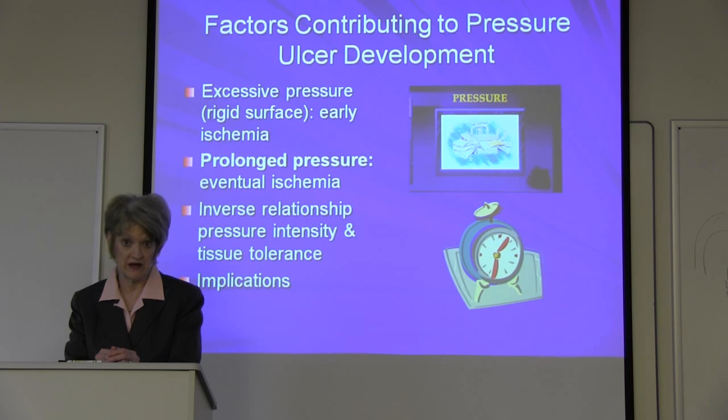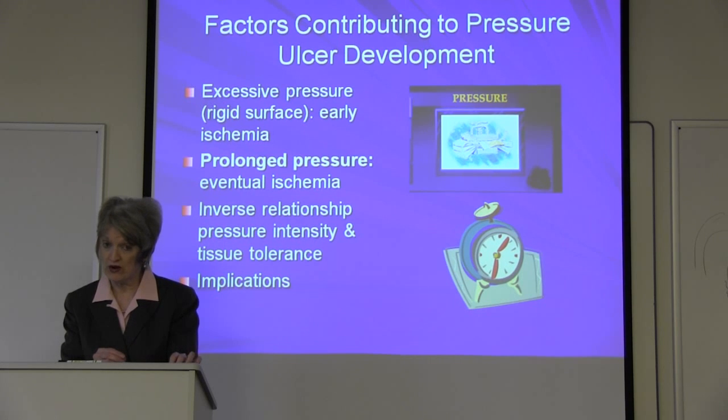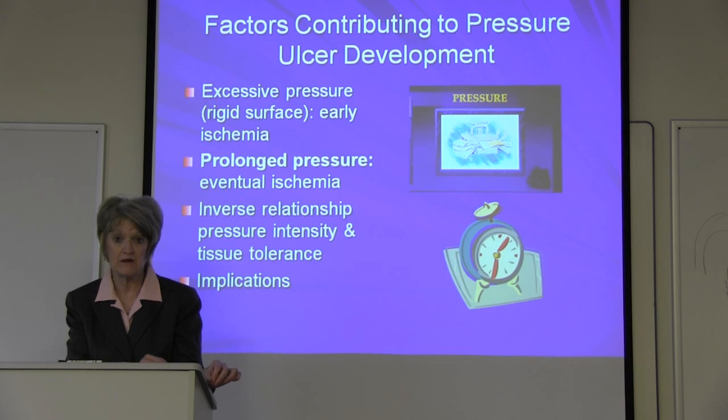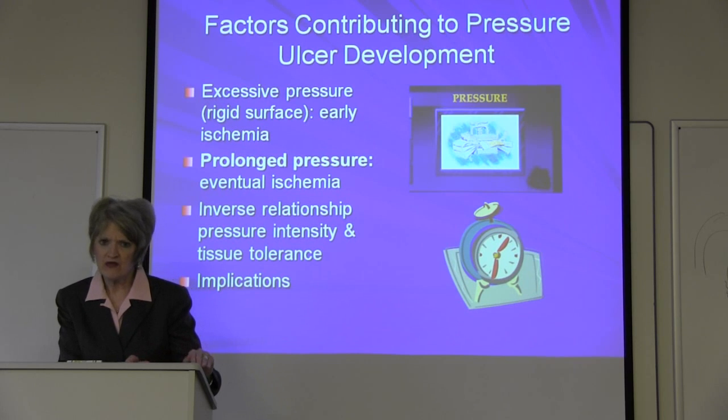That patient, if he or she has intact sensation, will become uncomfortable very, very quickly. If that patient does not have sensory awareness and we leave that patient on that rigid surface for any length of time, they're almost definitely going to develop a pressure ulcer. But we're careful not to do that.